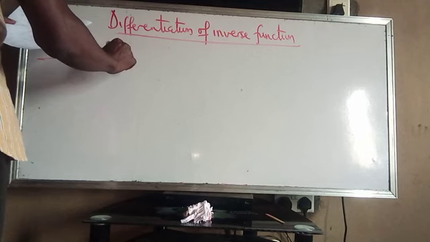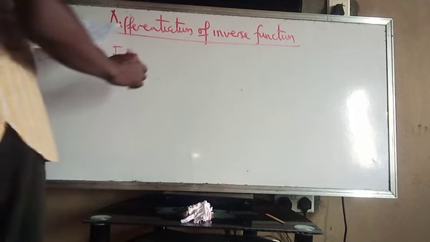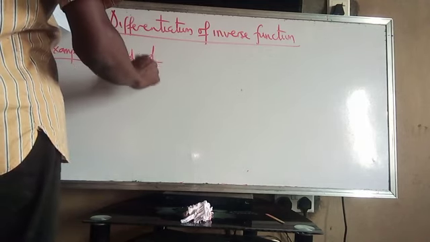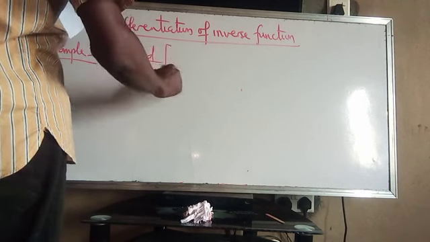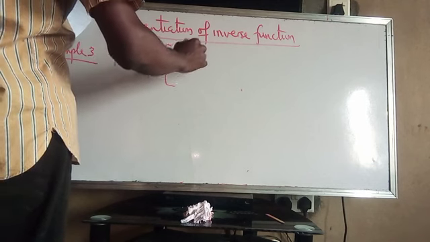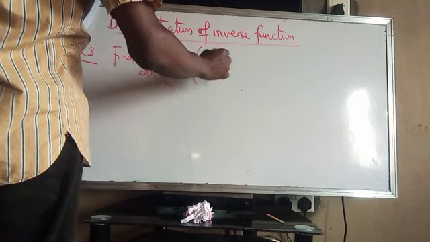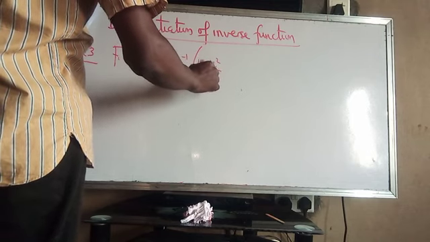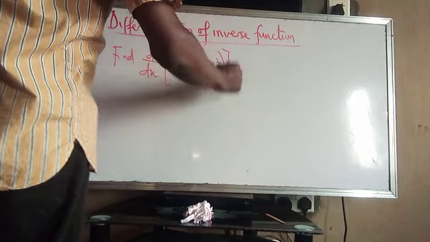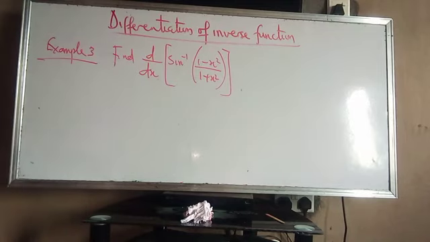Find d dx of arc sine of 1 minus x squared all over 1 plus x squared. Find that of that. Okay?